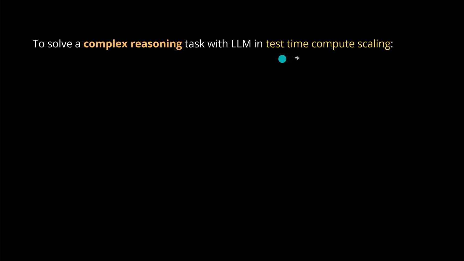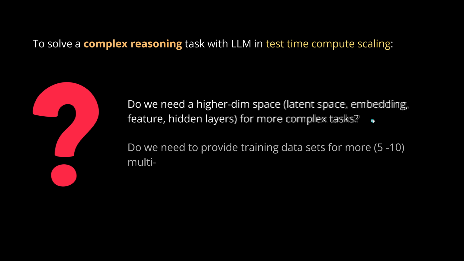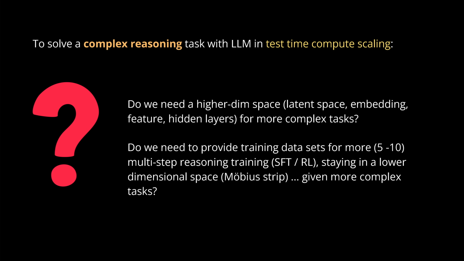So to solve now a complex reasoning task, let's go with a large language model, and now we look in particular at test time compute scaling. So what do we need? Do we need a higher dimensional space, a higher dimensional latent space, higher dimensional embedding, higher dimensional feature vectors, higher dimensional hidden layers for the more complex task? Or do we need something completely different? Do we need to provide the training data sets for more multi-step reasoning training?